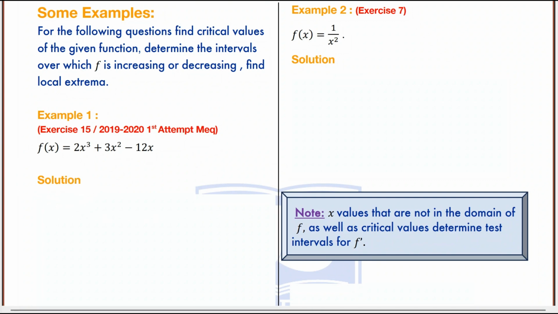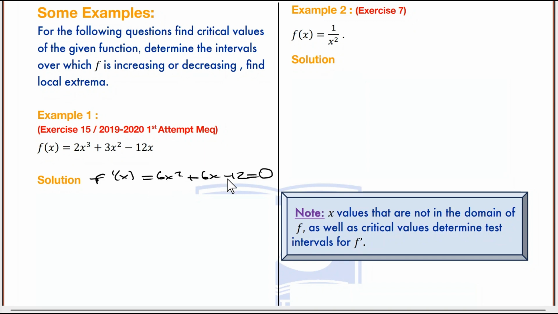So let's just take the derivative then. F prime of x equals the derivative of 2x cubed, which is 6x squared, plus 2 times 3, 6x, minus 12. Set the derivative equal to 0. 6 is a common factor here.